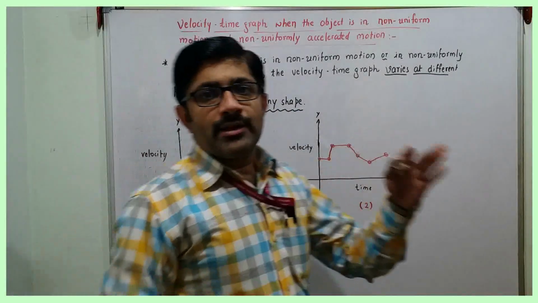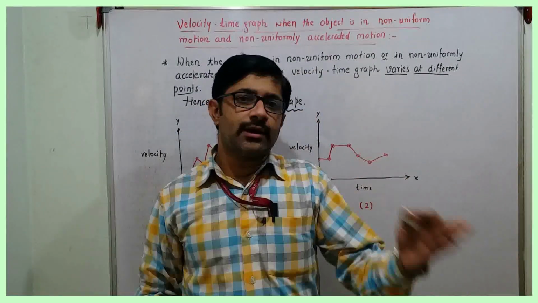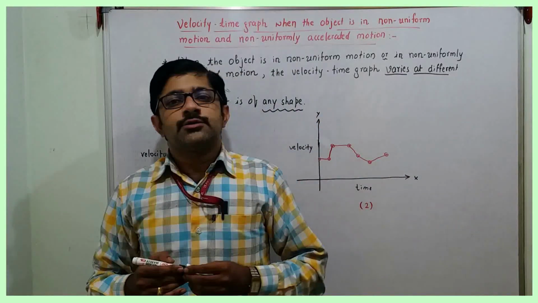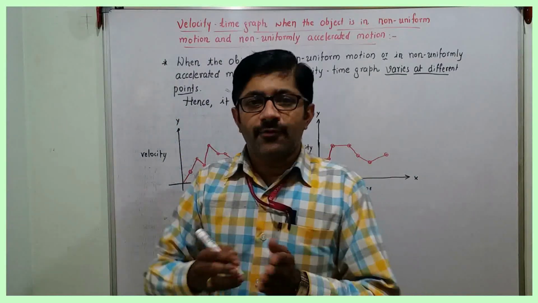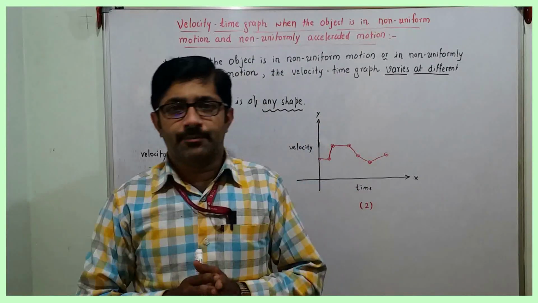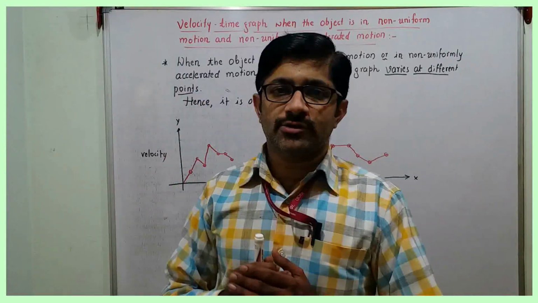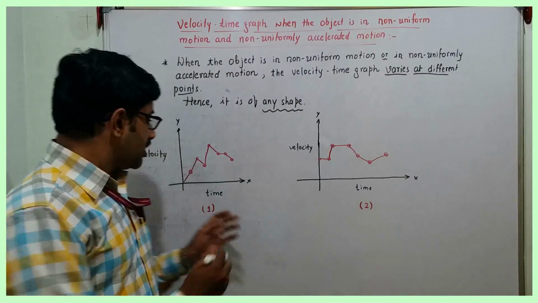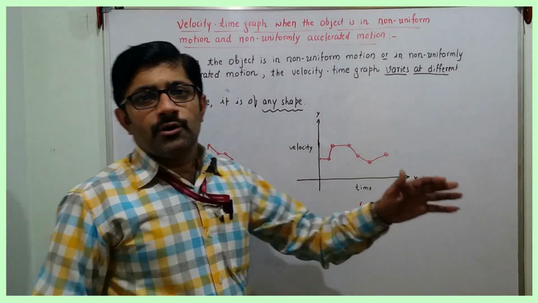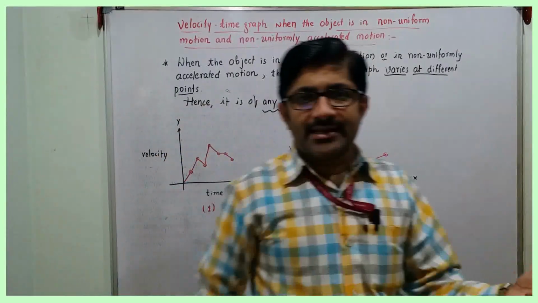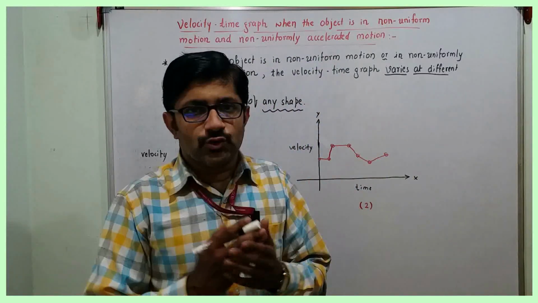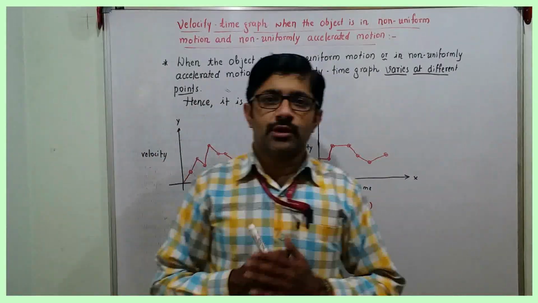So when the object starts moving randomly, or say non-uniformly, the velocity time graph varies accordingly and hence it is of any shape. So we have plotted the velocity time graph for non-uniform motion. This is the first case and this is the second case. So you cannot get any slopes, you cannot get any areas in such situations. Hope you understood this part.